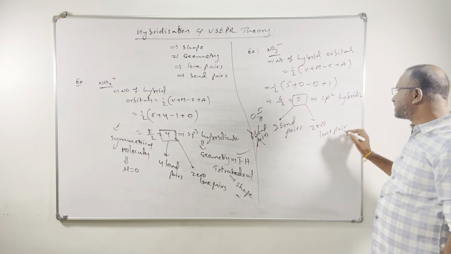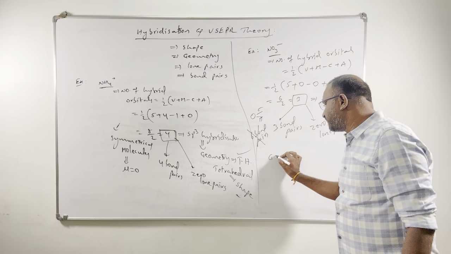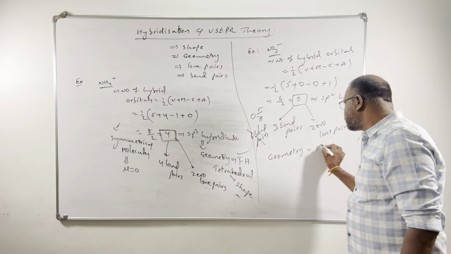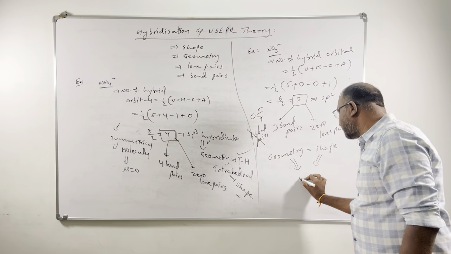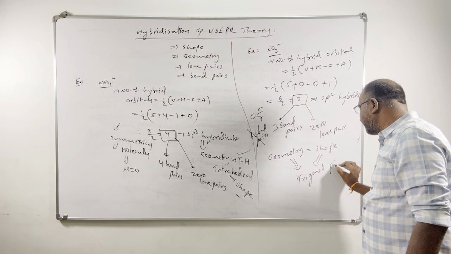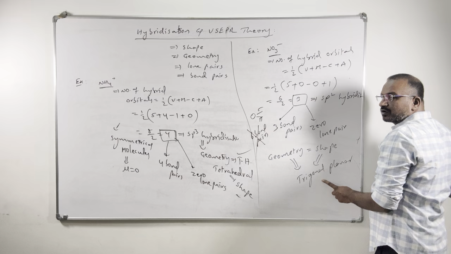If 0 lone pairs are there, geometry equals shape. So for sp2 hybridization, geometry equals shape. That shape and geometry is trigonal planar. Trigonal planar. So the NO3 minus shape is trigonal planar.